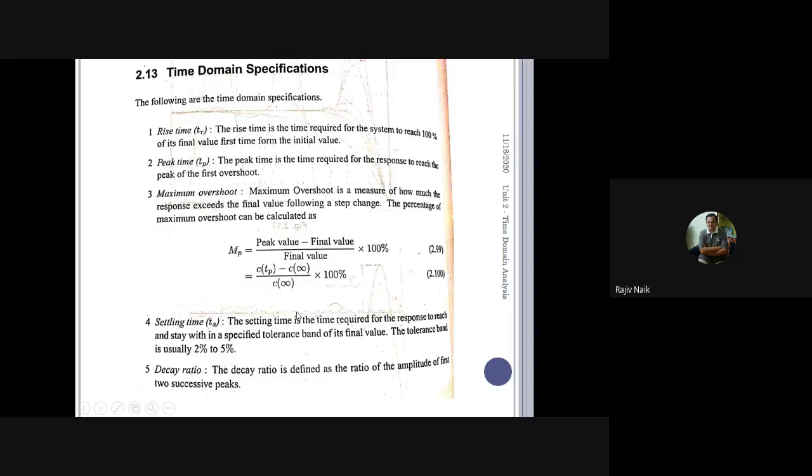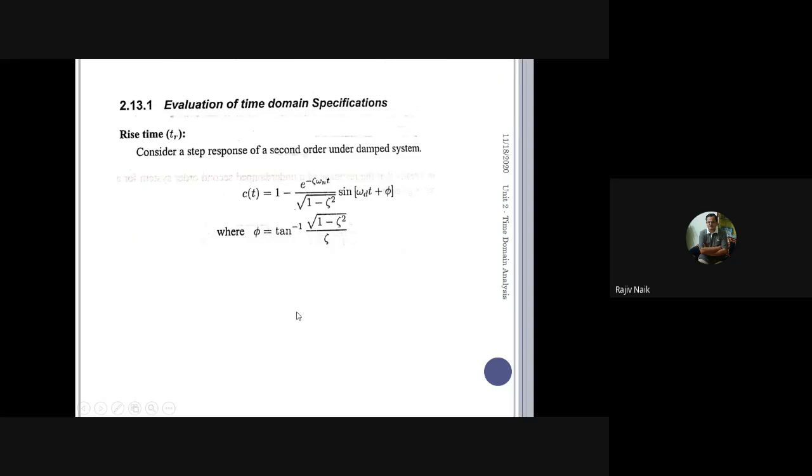Then, this is a function of sine A plus B type. I am substituting phi as tan inverse of root of 1 minus zeta square divided by zeta. Then, rise time means the time taken by the system response to reach equal to the input in the first attempt.